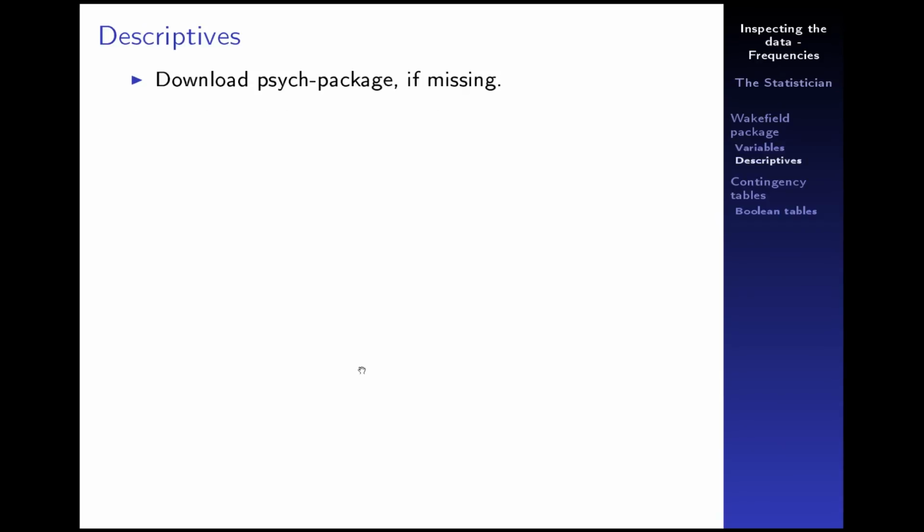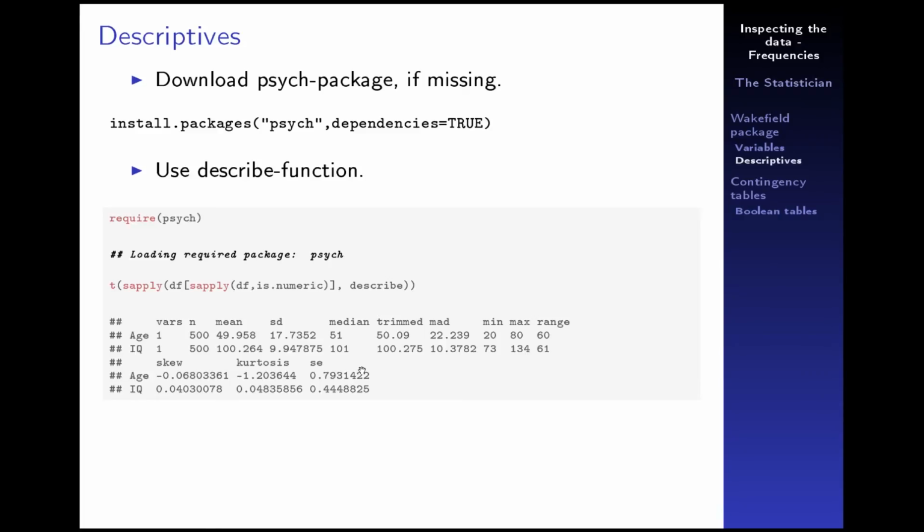And next we will print some descriptives, and we will use Psych package, and you can install it if you don't have it. And I like the describe function of the Psych package, and again we will use the sapply function, and we will check if the column is numeric, and then use the describe function.